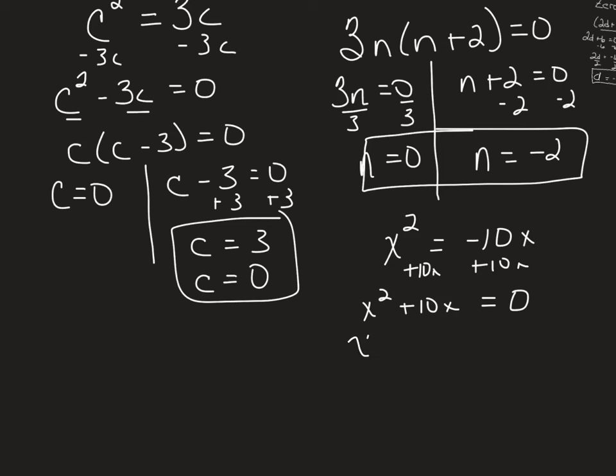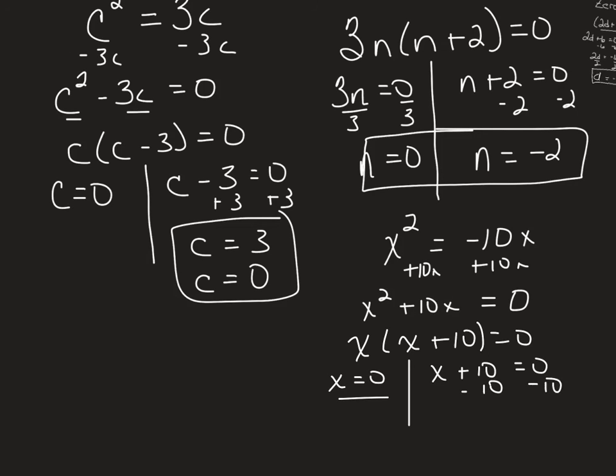So I'm going to factor out the x, and we have x times x plus 10 equals 0. So either x can be 0 or x plus 10 can be 0. Well, this one's solved. Subtract 10 from both sides, and x equals negative 10. So our two solutions are x equals 0 or x equals negative 10.